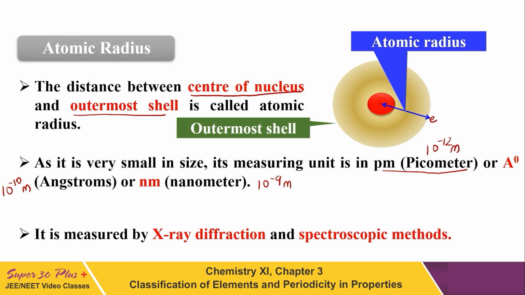You must be thinking, sir, if they are that small, how can we measure them? They are measured by special techniques called X-ray diffraction or the spectroscopic method, in which we use spectrographs, which you will study in the higher classes.